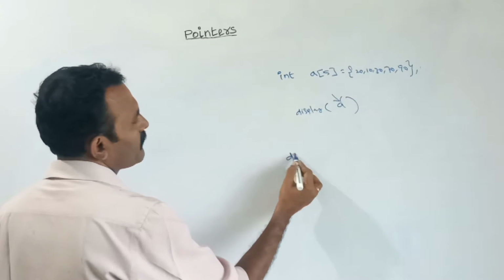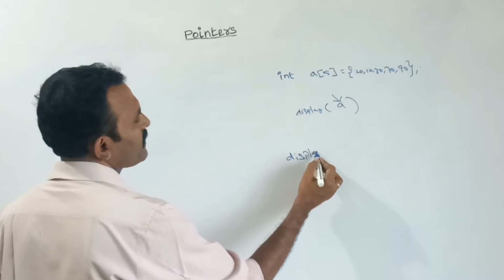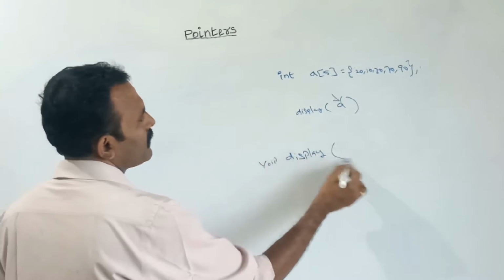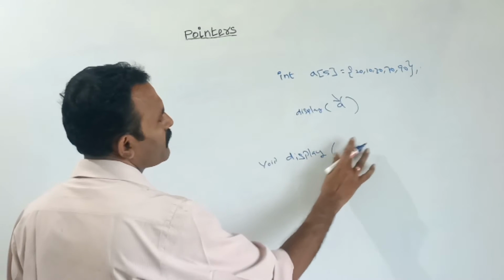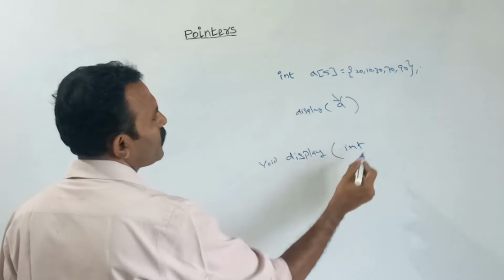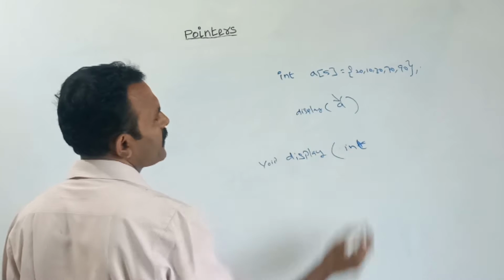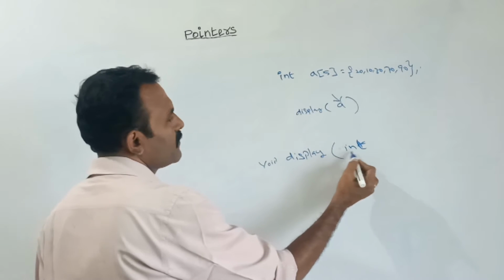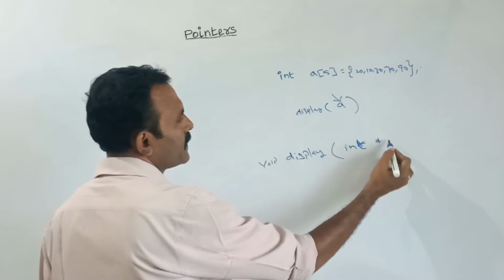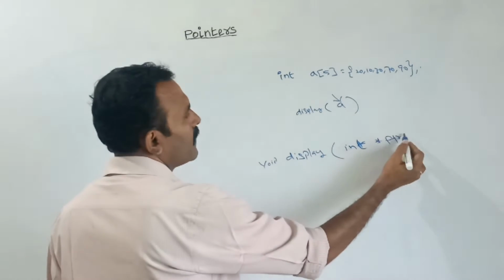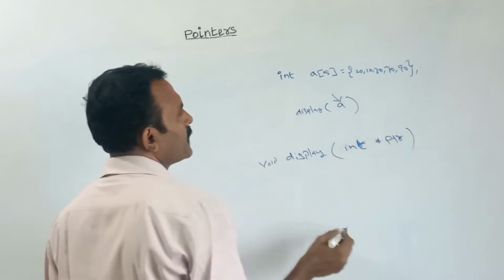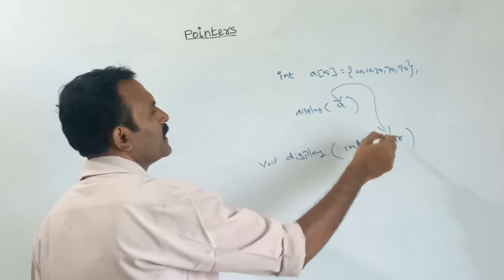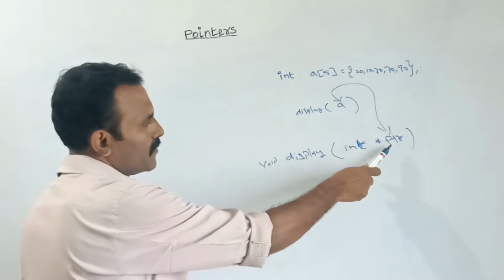Then in the function definition part, we can create the pointer variable, because we are going to fetch an integer type address. So here the pointer variable data type I should declare as integer. Next, suppose I am declaring the pointer variable as ptr, so that the address of a is copied to the pointer.